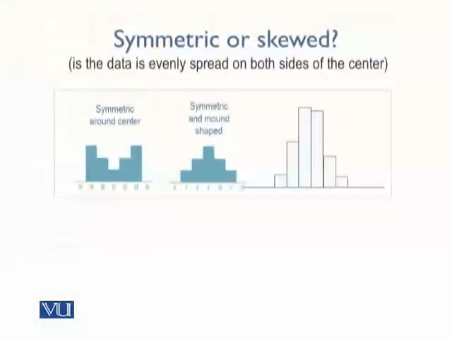Usually symmetric distributions are also mound shaped, in which the central point has the highest probability of occurring. Examples of such distributions are the normal distribution and the T distribution, which we shall see very commonly in our discussions on inferences.